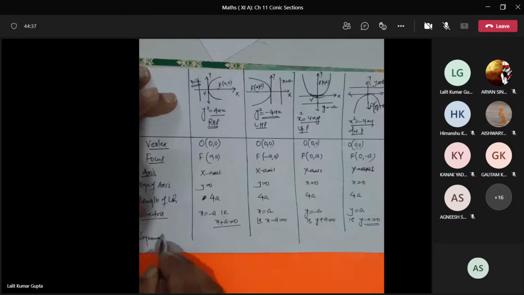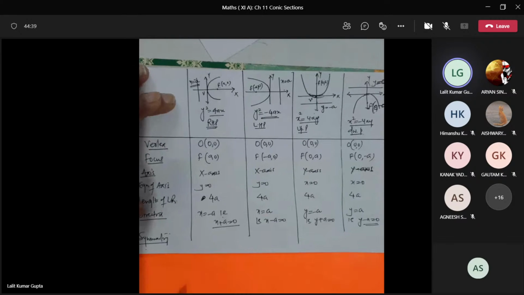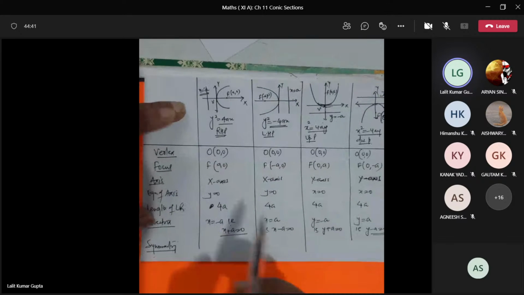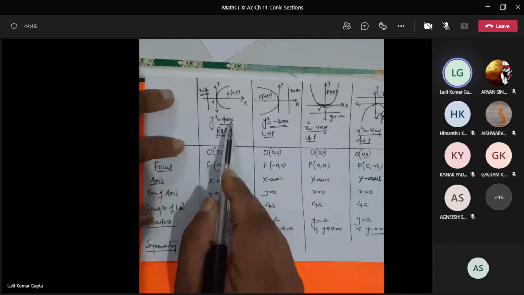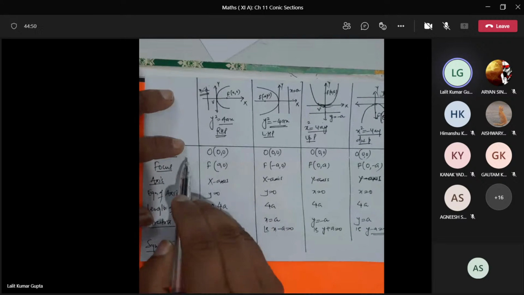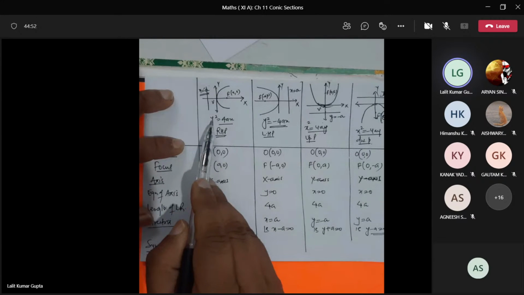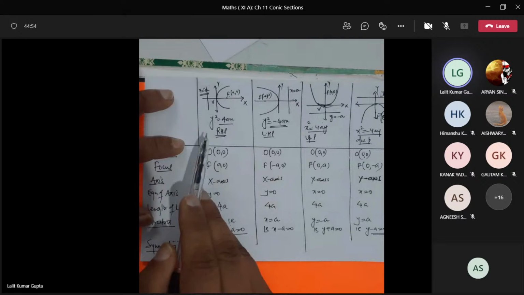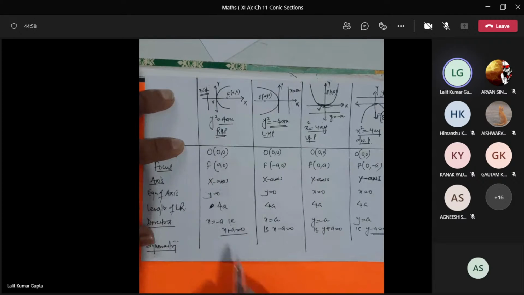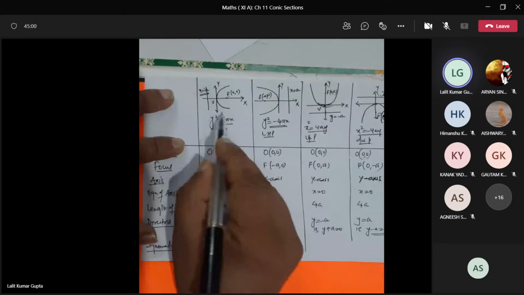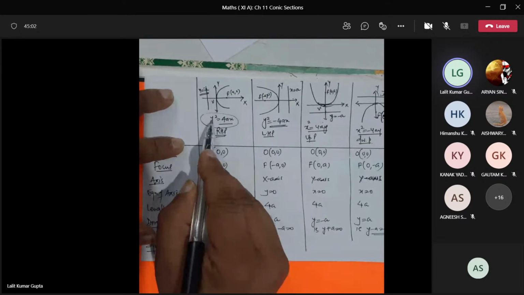Symmetry. तो सिमेट्री कैसे चेक करते हैं? If in any curve the power of x is even, it means it is symmetrical about y axis. If the power of y is even, it means it is symmetrical about x axis, right? So in this equation of parabola beta, we have y raised to the power 2, which is even.